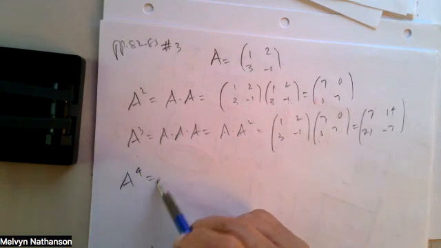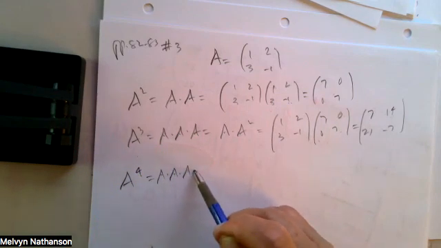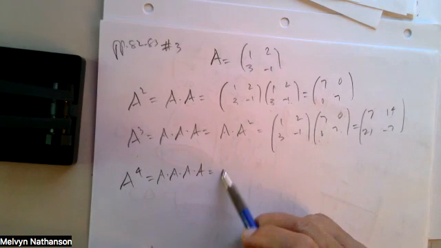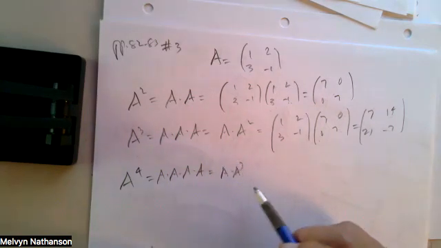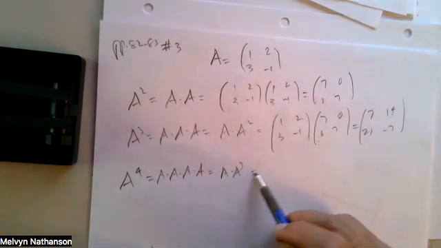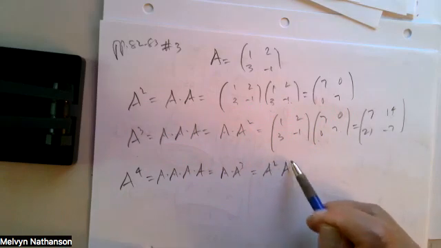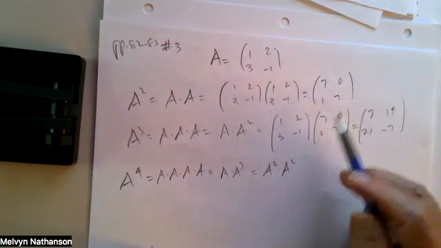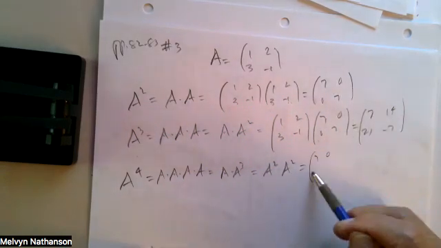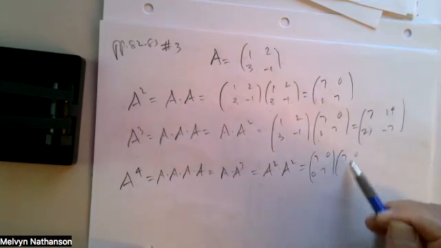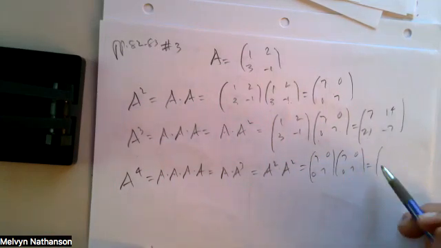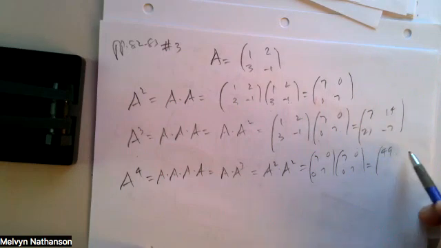A fourth, again, this is A times A times A times A. I could write that as A times A cubed, though it's actually easier to write this as A squared times A squared, because A squared is so simple. Then this is 7, 0, 0, 7 times 7, 0, 0, 7. When I multiply this, I get 49, 0, 0, 49.